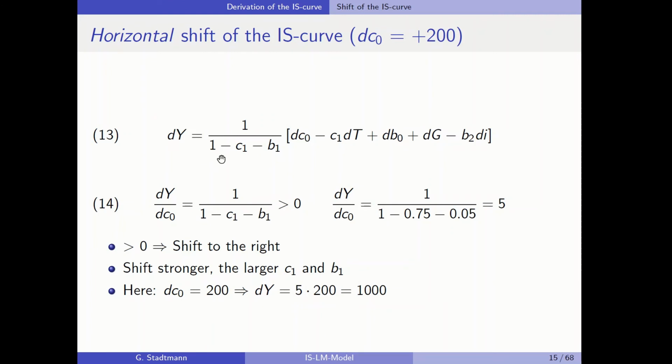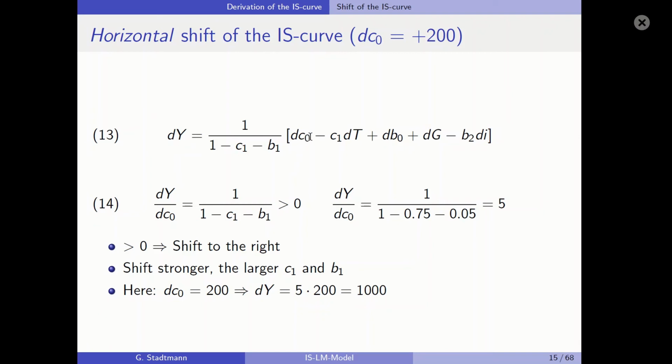Therefore, after we have taken this differential here, we have to think about what kind of changes are equal to 0 because these variables are constant. We are interested in the horizontal shift. We are interested in this variable. We cannot set this variable to 0.